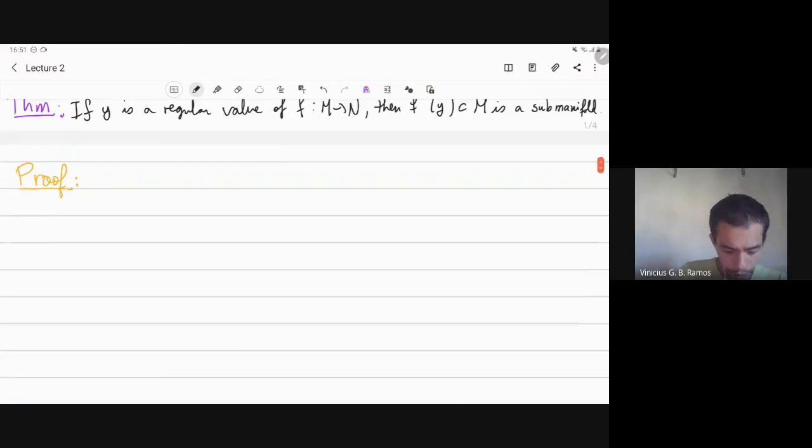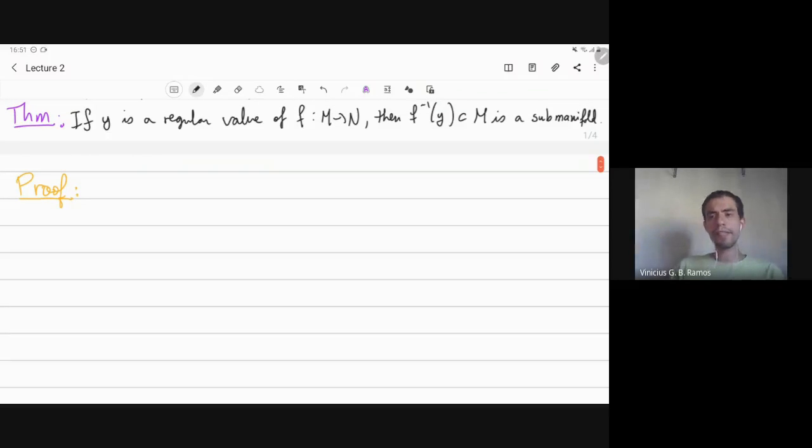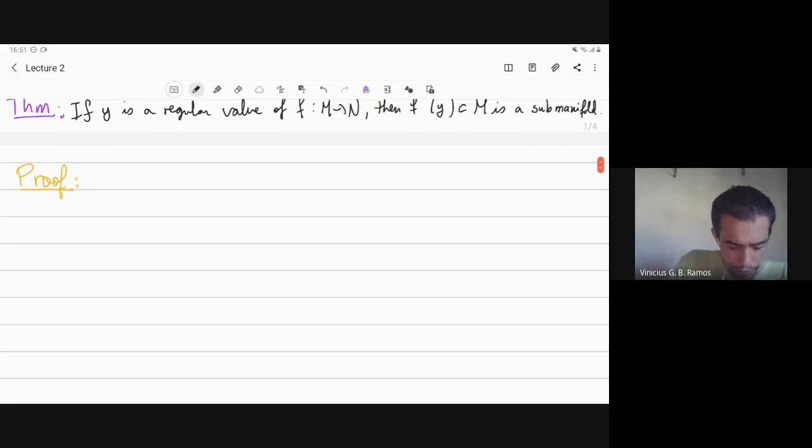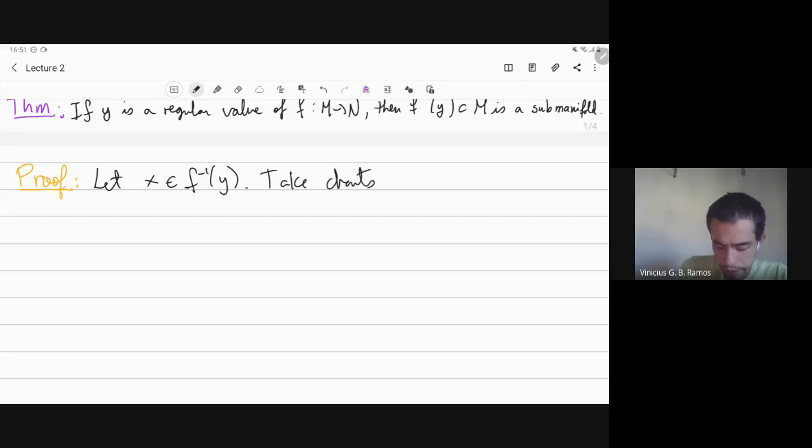Okay, so how do we prove that? This is just an application of the inverse function theorem. So how do you do that? You have to show that the preimage is a manifold. So we take an x, a point in the preimage, and now we take charts around x and y.